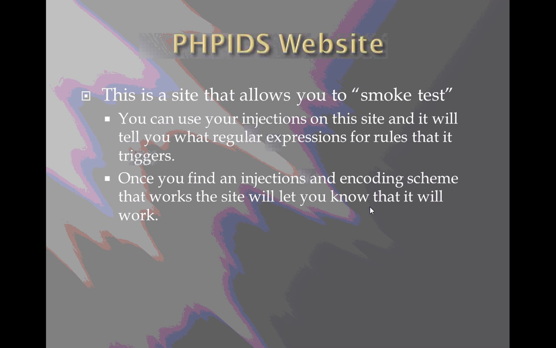A nice site that he showed on his slide was PHPIDS. This site allows you to smoke test your requests before you actually use them on the site. You can use your injections on the site and it'll tell you what regular expressions or rules it triggers in the IDS. Once you find an injection and encoding scheme that works, the site will let you know that it'll most likely work.